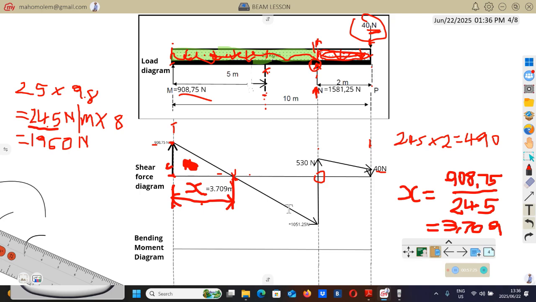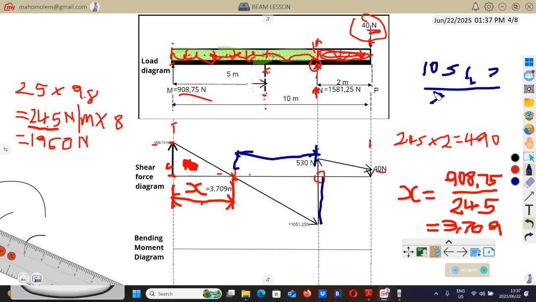Now, since we know the distance, then we can calculate the bending moment. But if you want to know, let's say, the distance from here to there, you will do the same thing. You will just say this height of this triangle, which is 1051.25, divided by the UDL 245.